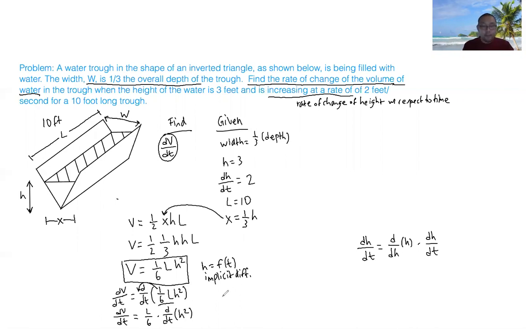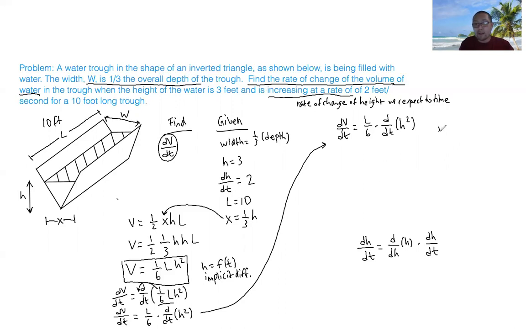And so we said that h is a function of time because the height of this water column will change. It will increase as time goes. And so let's continue this up here. I'm going to rewrite that line. dv over dt is equal to L over 6 times the derivative with respect to time of h squared.